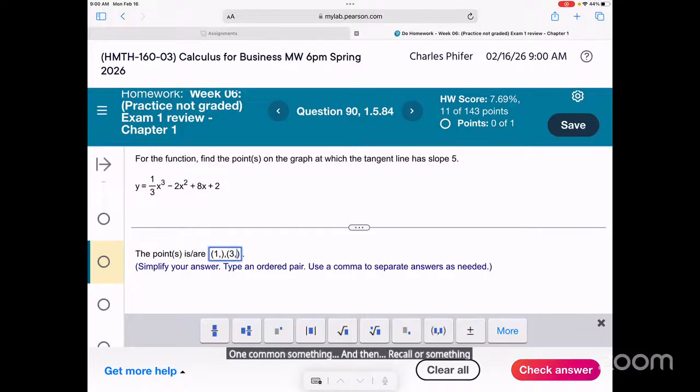Let's see. If we plug in a 1, that's a third minus 2 plus 8. That's 8 and a third, so 25 over 3.